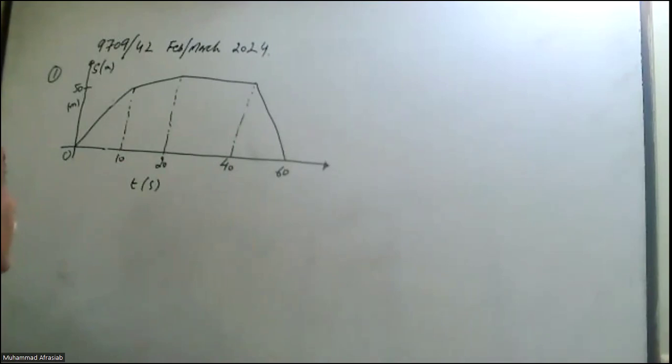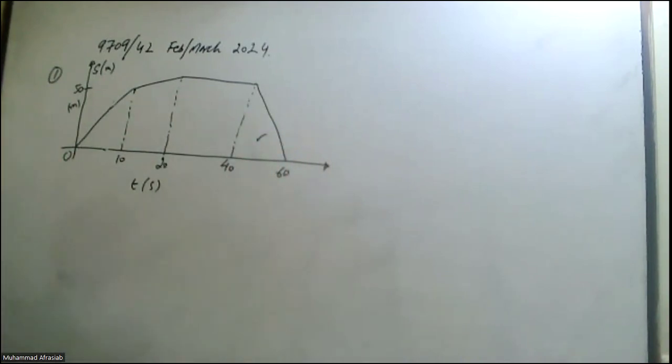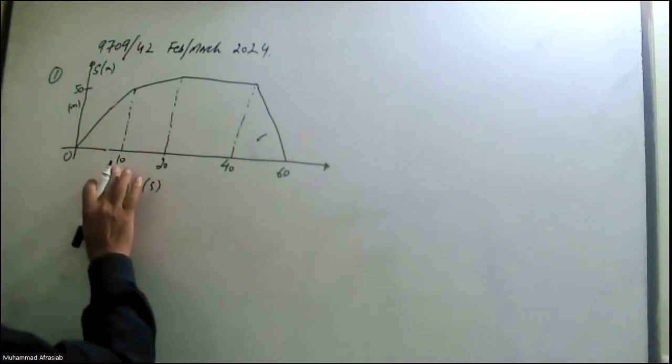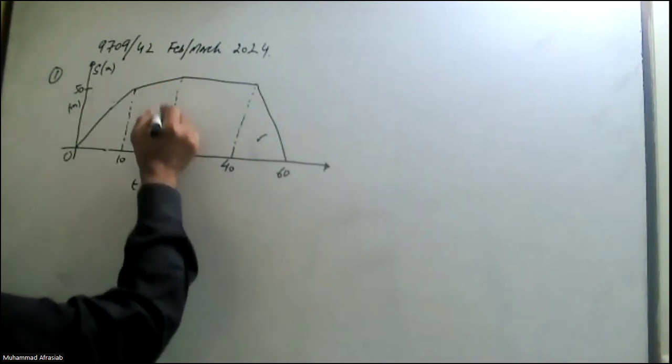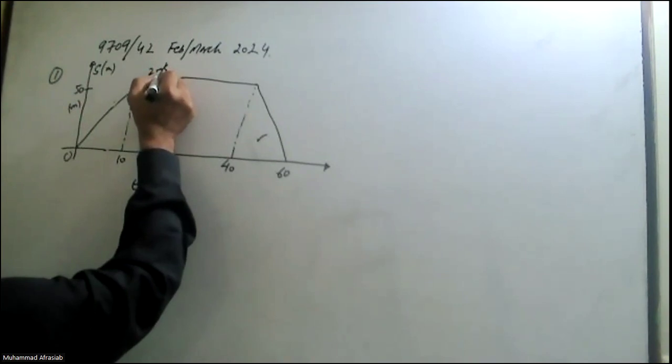Since this graph is between distance and time, and we have to calculate the velocity in the last 20 seconds, this is the region where we are going to calculate the velocity of that particle. It has traveled 50 meters in the first 10 seconds. Then from 10 to 20 seconds, its speed is constant, that is 2 meters per second.